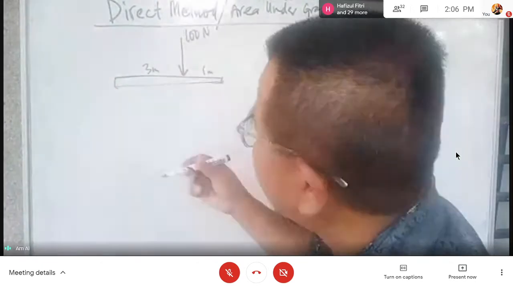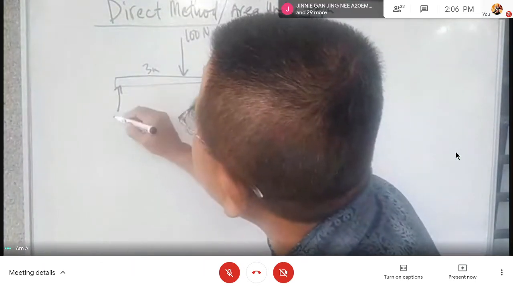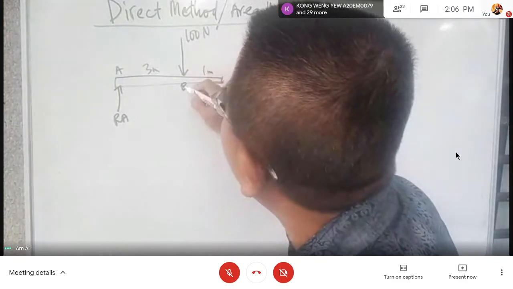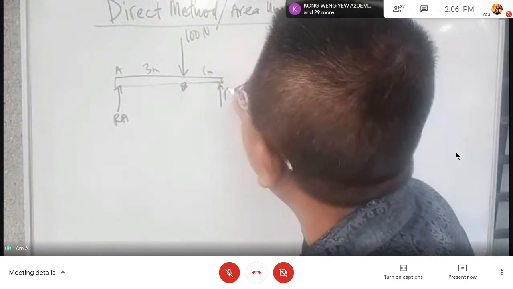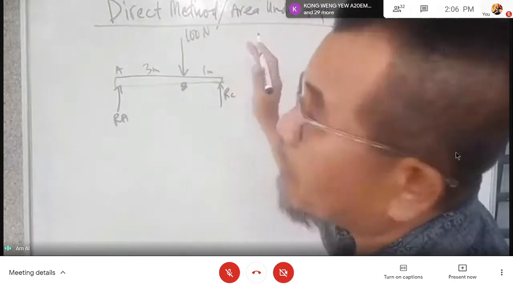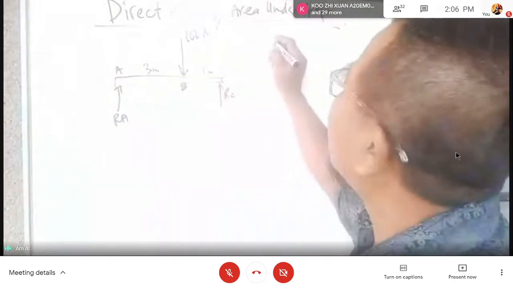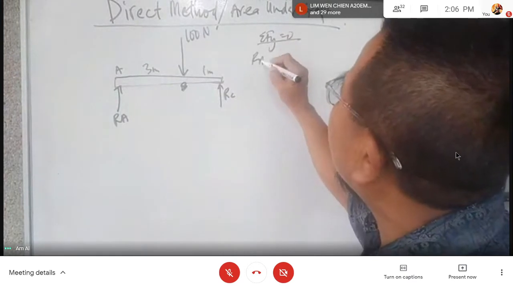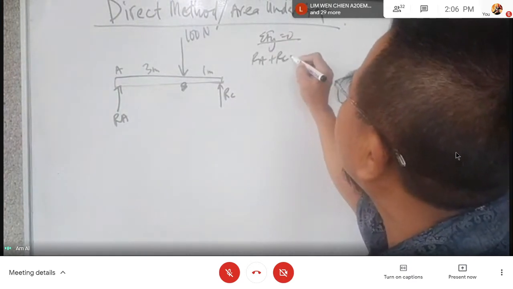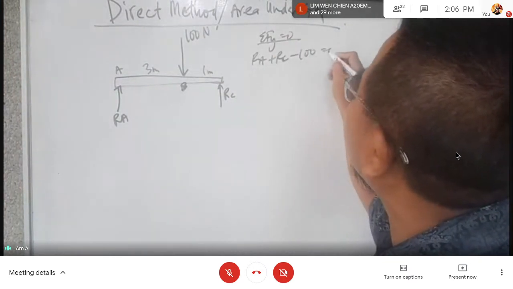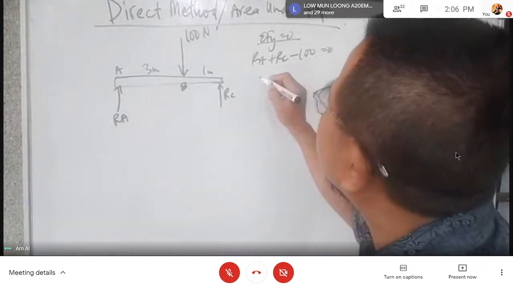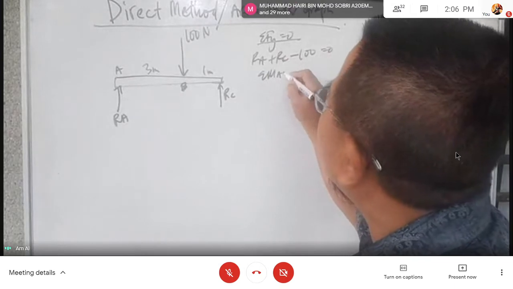So we find the reactions there. It's A and B and C here, RC. So first, summation of force in Y is equal to 0. What do we have there? RA plus RC minus 100 is equal to 0. So RA plus RC is equal to 100. And then moment. Summation of moment at A is equal to 0.